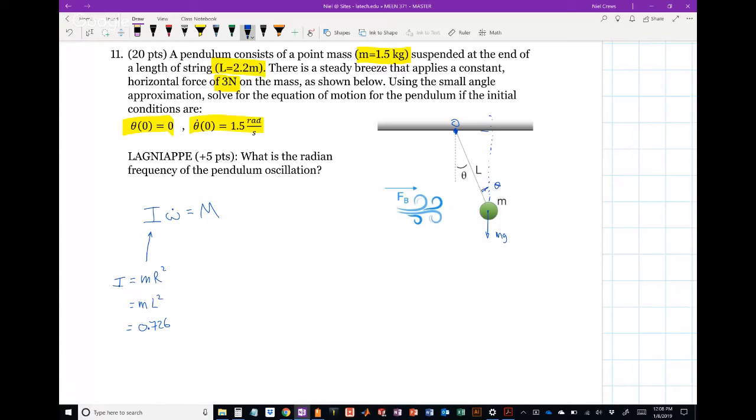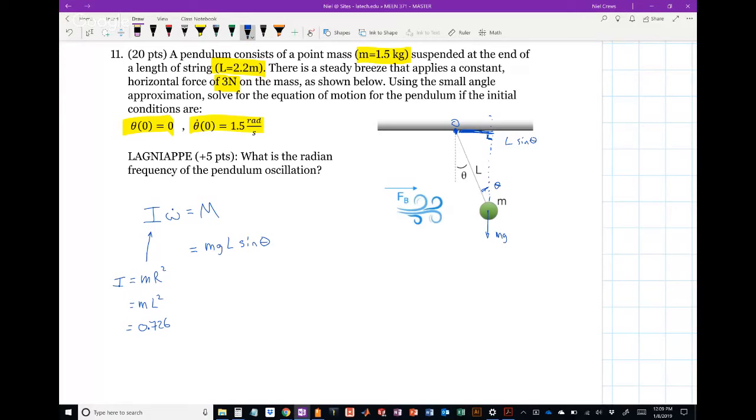And so the lever arm here, which is, again, the shortest distance to the vector of that force, is L sine theta. So mgL sine theta is the moment about this origin due to the weight of that pendulum.